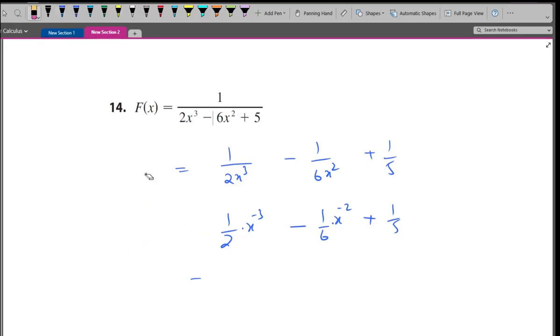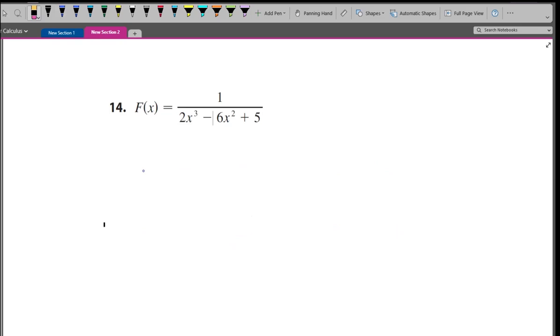The hard way could have been to consider 1 as u and the cubic form as v, that is u is 1 and v is 2x cubed minus 6x squared plus 5, and then we apply the quotient rule. You see, it's going to be quite difficult to solve this easier question in a long, lengthy way.